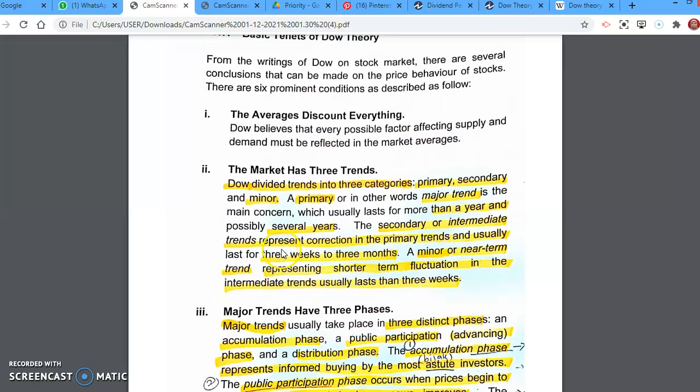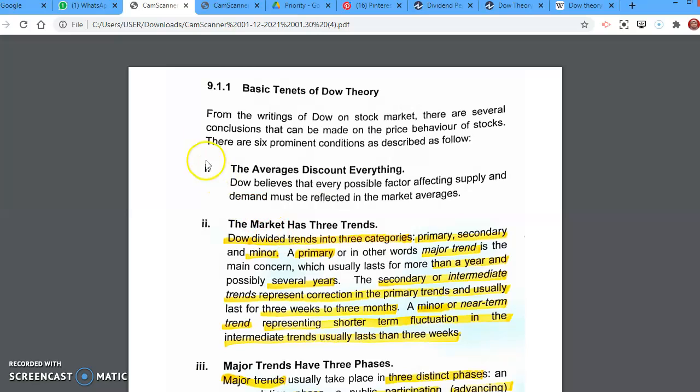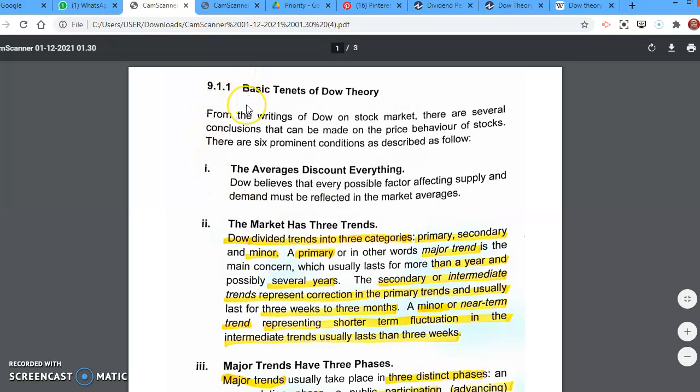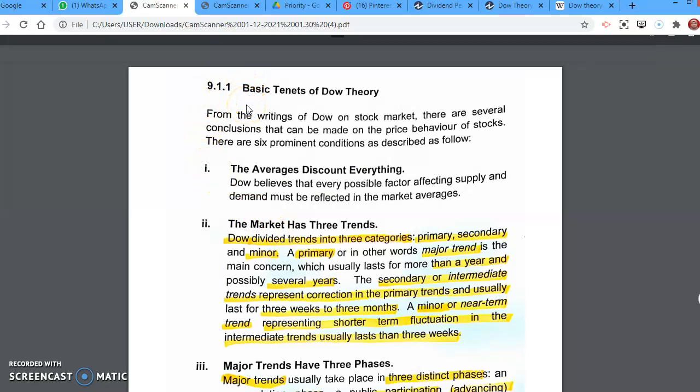Okay, right? So what are the basic points from the Charles H. Dow theory? This theory was, after the death of Charles H. Dow in 1902, then expanded by a few people like Robert Rhea and two other persons.